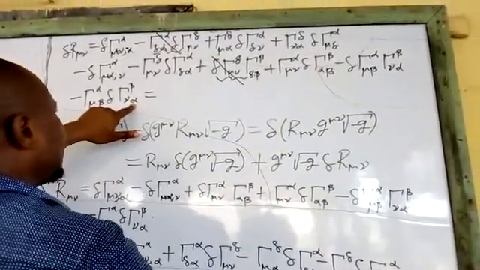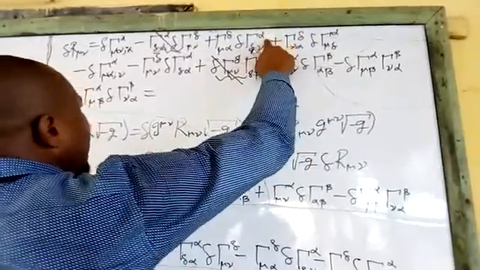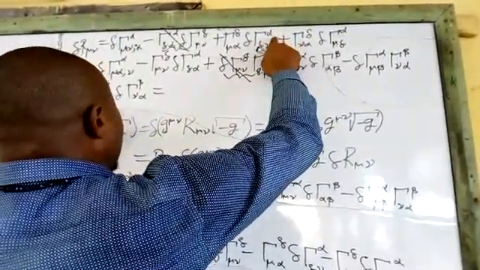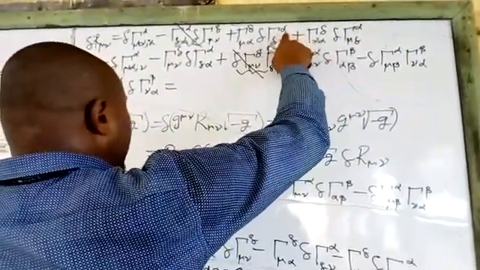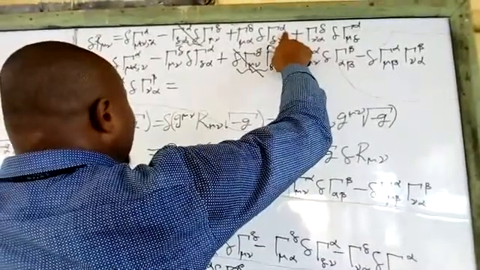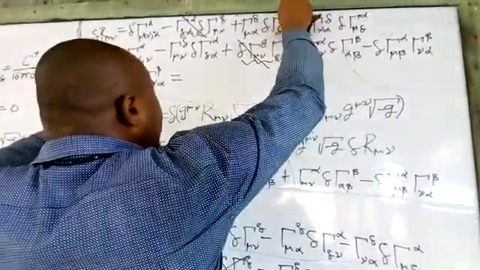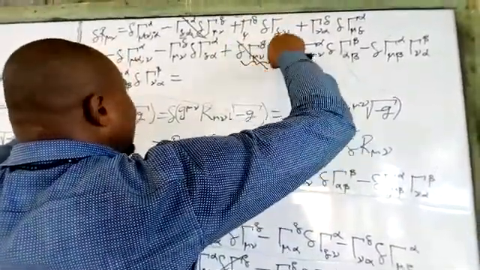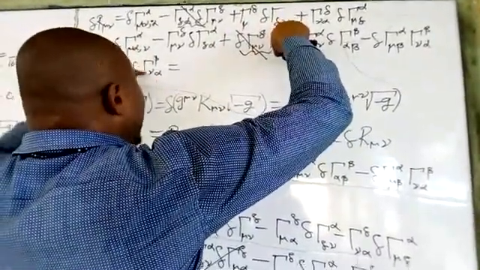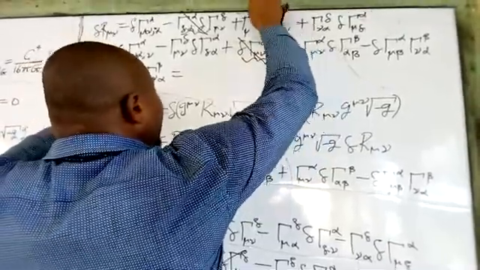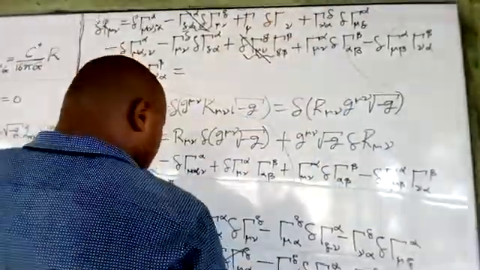Oh, but well, I can decide to work on this one instead. So since I have here mu beta, I can change the alpha here to beta. And if I did, this becomes beta just like it is here. So I'm going to change that to beta. And then the alphas here, so the deltas here I'm going to change to alpha. Again, I can do that because they are dummy indices.